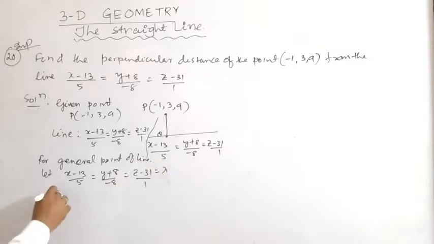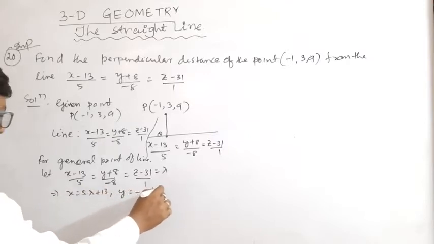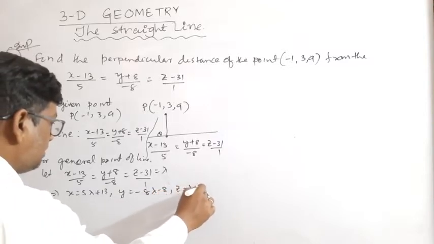So x is equal to 5 lambda plus 13, y is equal to minus 8 lambda minus 8, and z is equal to lambda plus 31.